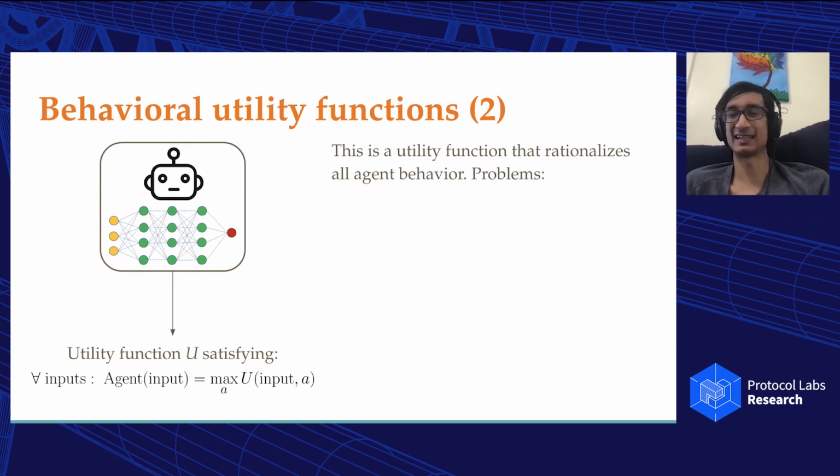This one has a bunch of problems with it. One is that it's kind of hard to apply this to humans. I don't know, man. I'm giving a talk right now.